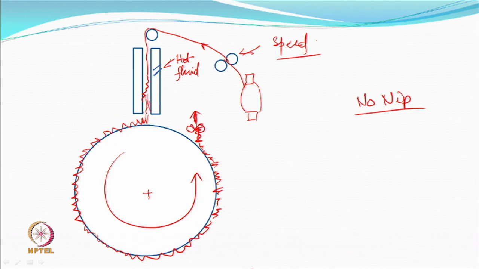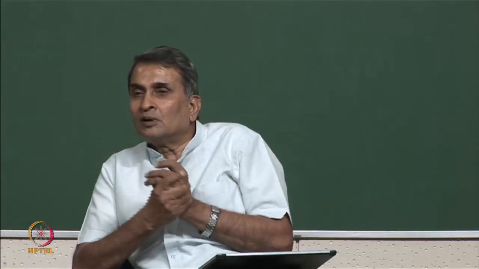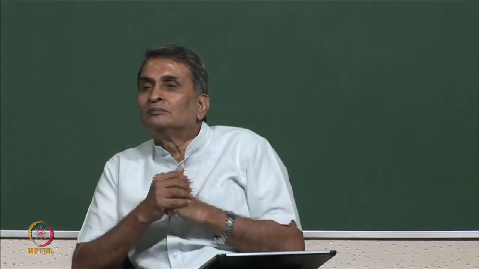Now, there can be a nip later. Now, by doing this, what have we done? The yarn has almost no tension at the exit of the jet. After that, it is over.